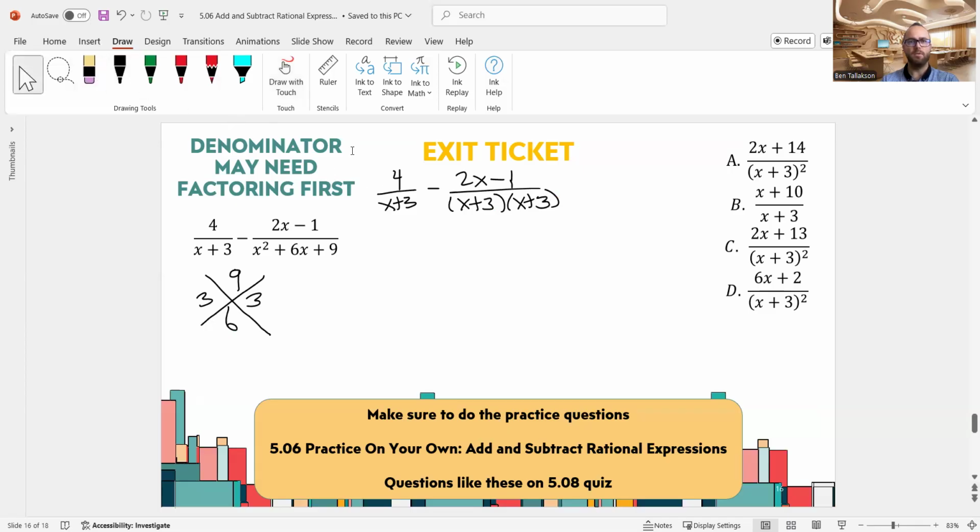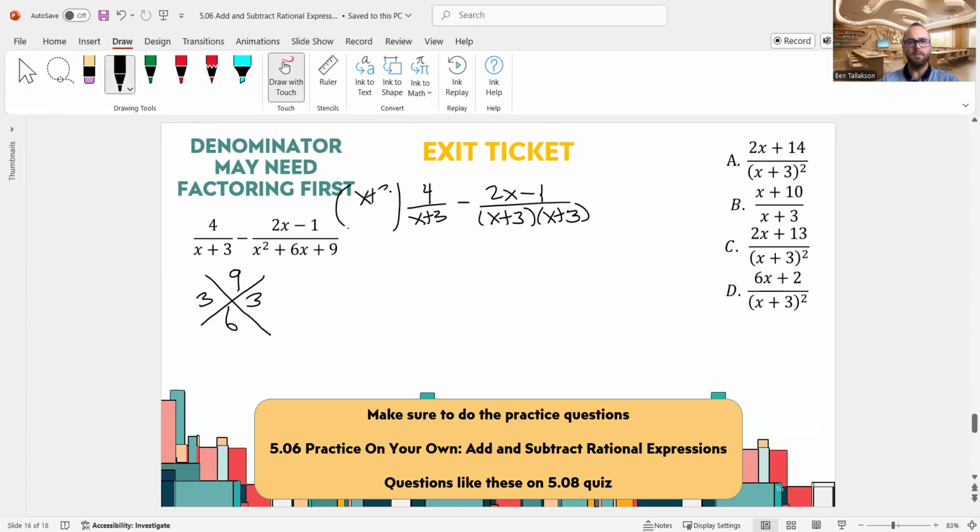And I'm going to move this over so everything is easy to see. There we go. All right. So multiply times this over this. So we get 4x plus 12.